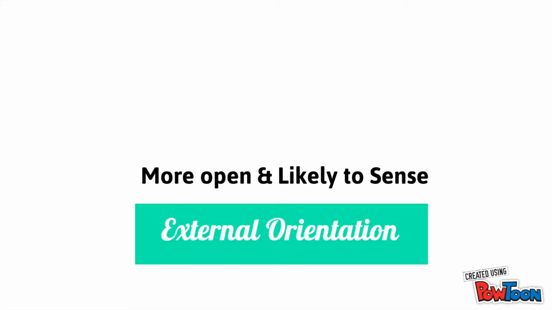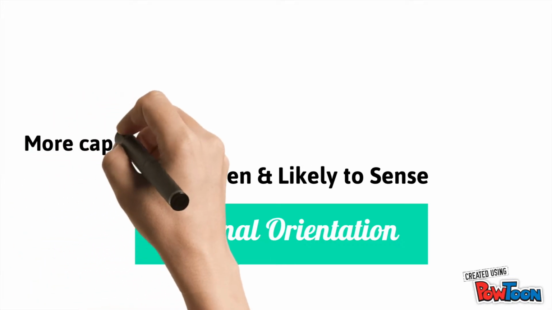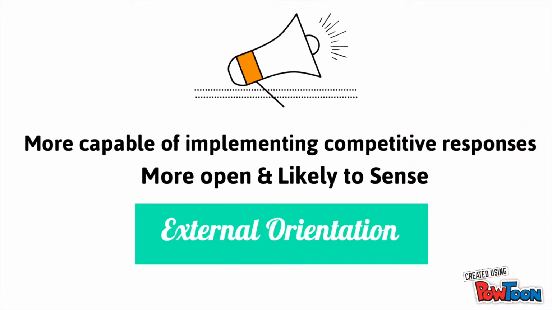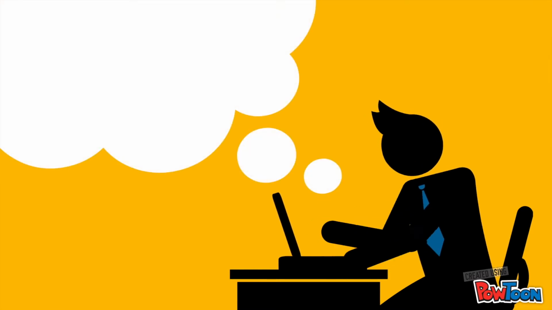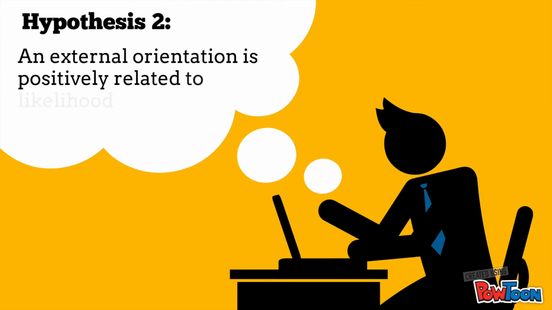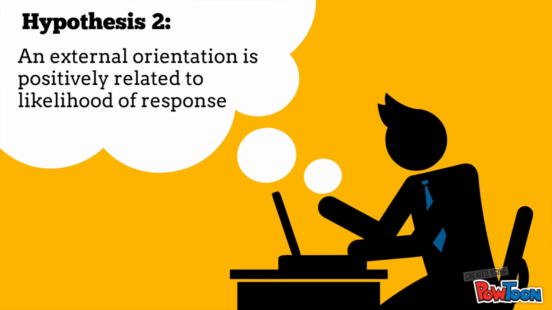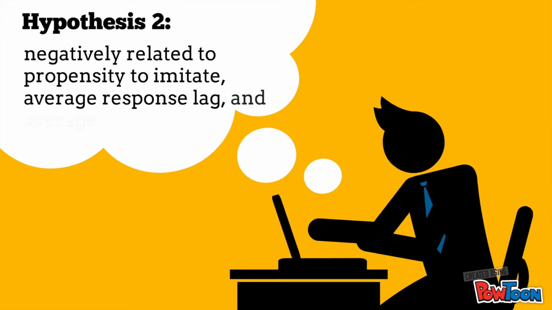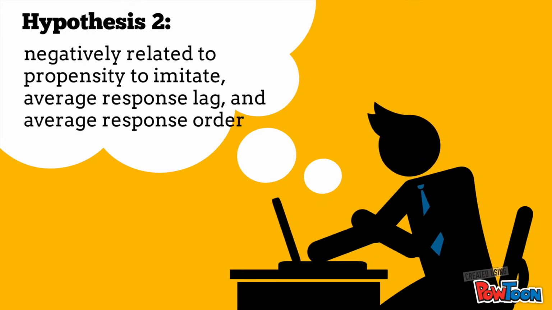In addition, firms with an external orientation will be more capable of implementing competitive responses than those with an internal orientation. Thus, Hypothesis 2: an external orientation is positively related to likelihood of response and negatively related to imitate, average response lag and average response order.